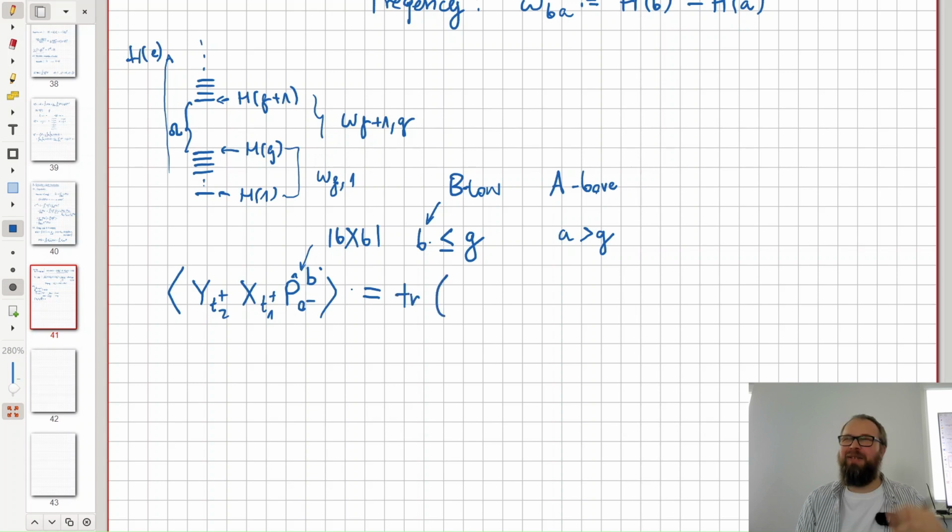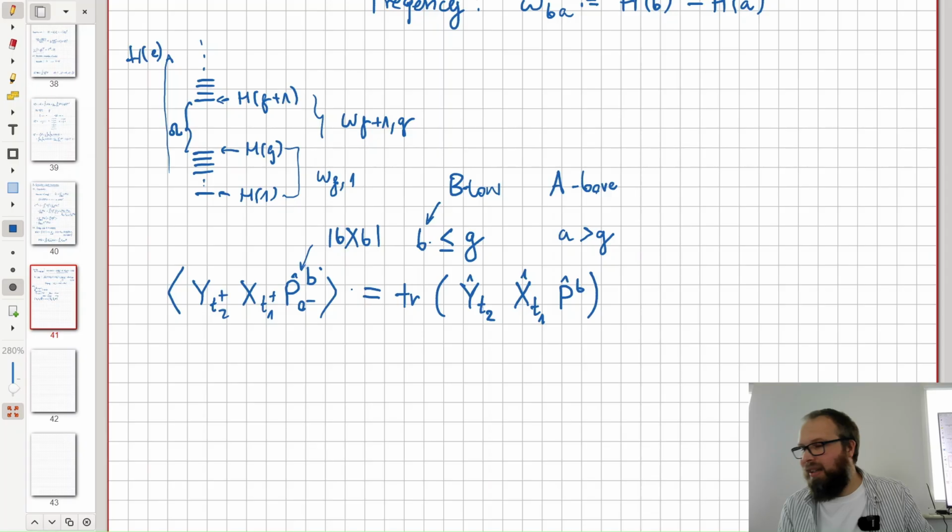If you don't remember the notation, it basically translates into the Heisenberg picture of observable y at time t2, the Heisenberg picture of observable x at time t1, and the projector on B comes in. Just to remember the Heisenberg pictures, trace, let's do it step by step.